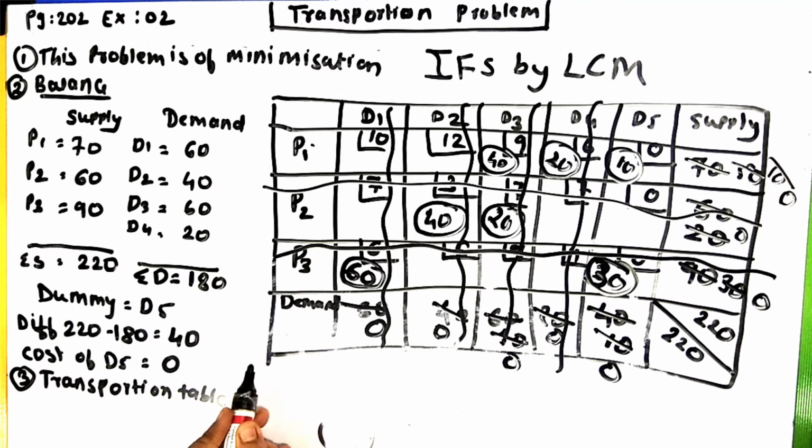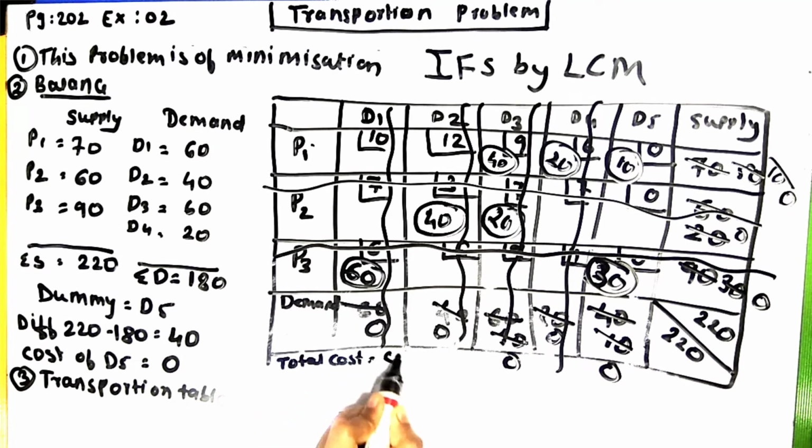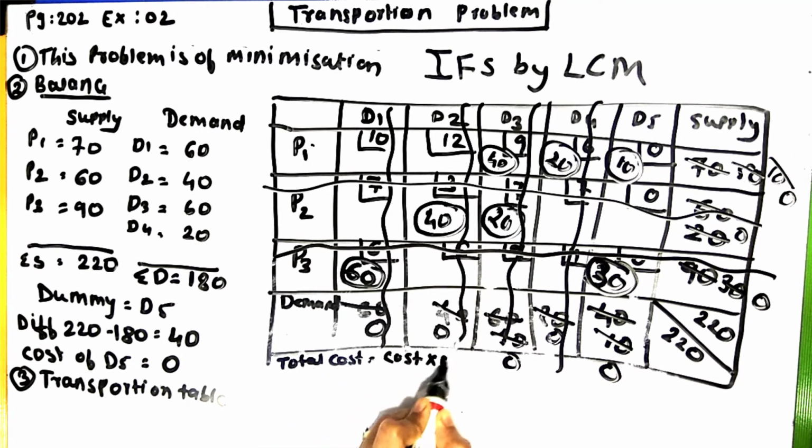So we know the formula for total cost. Our formula is cost into quantity. So let me take all the costs and quantities or allocations we got.